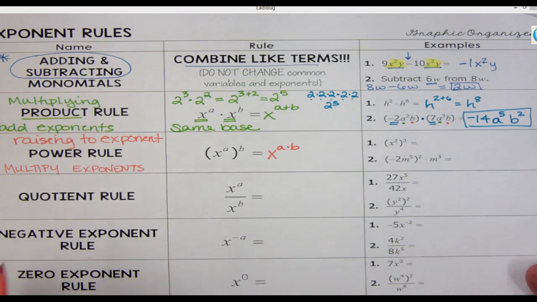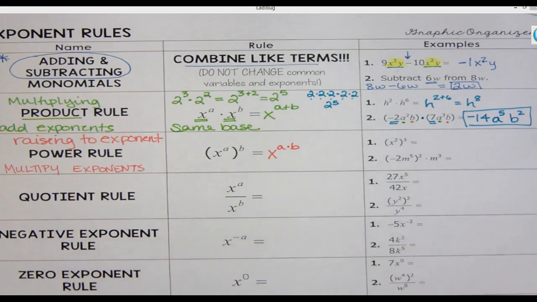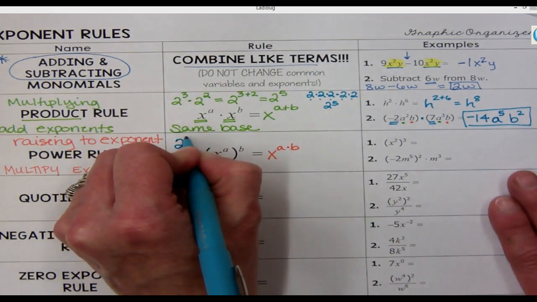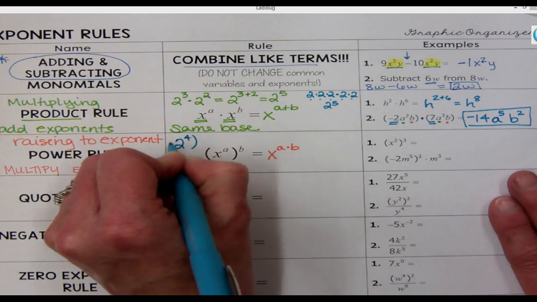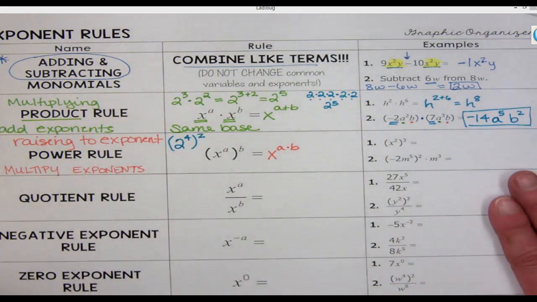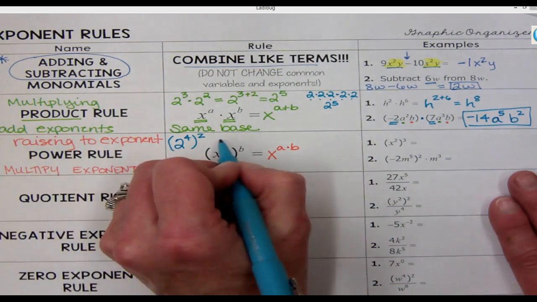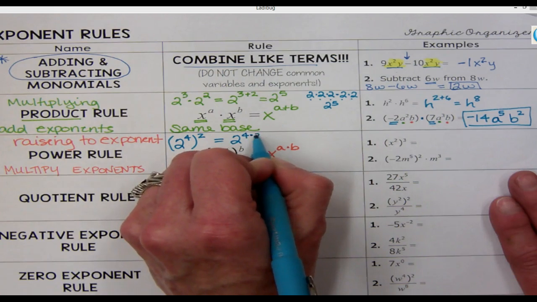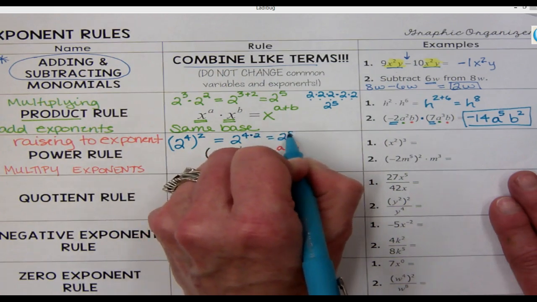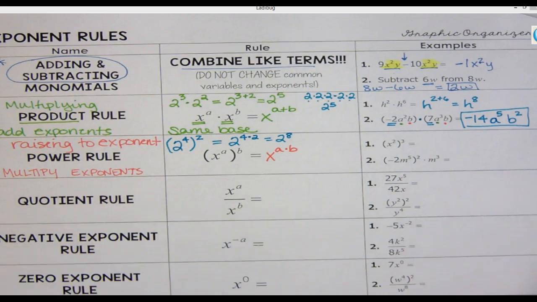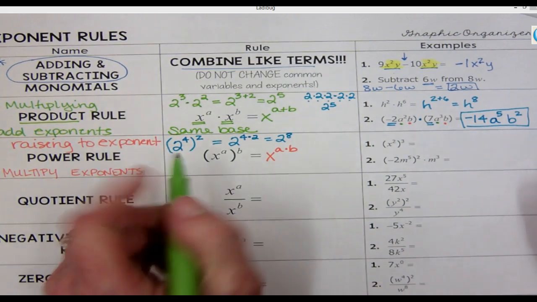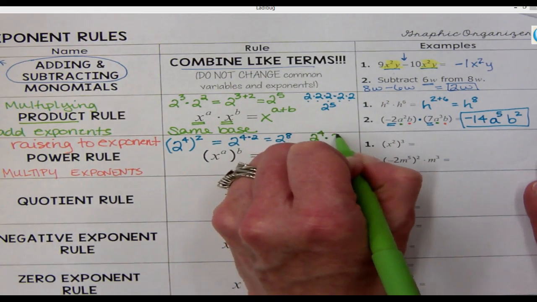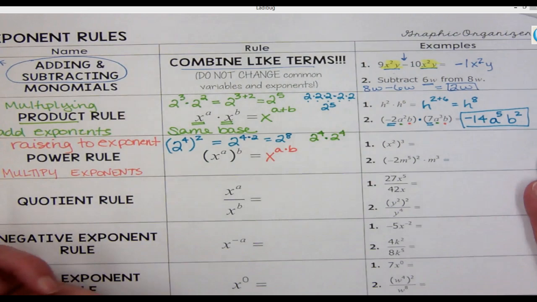All right, so for an example, if I have 2 to the fourth power raised to the second power, I'm going to multiply those. So it's going to be 2 to the 4 times 2 power, which is 2 to the 8th power. And the visual for that is I basically am saying I got 2 to the 4th power twice multiplied by itself.